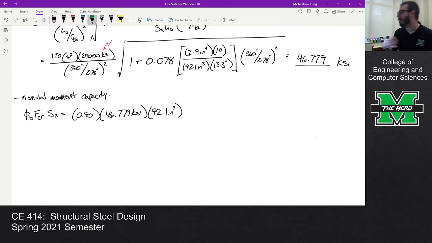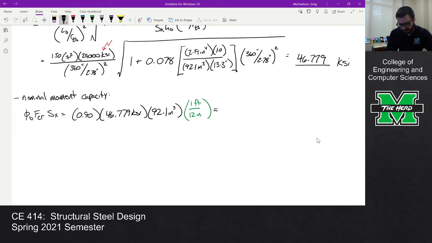Now, one thing about moments, if you look at this, this is in ksi times inches cubed. So if you just raw compute this, you're going to get an answer in inch-kips. What we're going to do is multiply it by this to get an answer in foot-kips. So we're going to take 0.9 times that times 92.1 divided by 12.